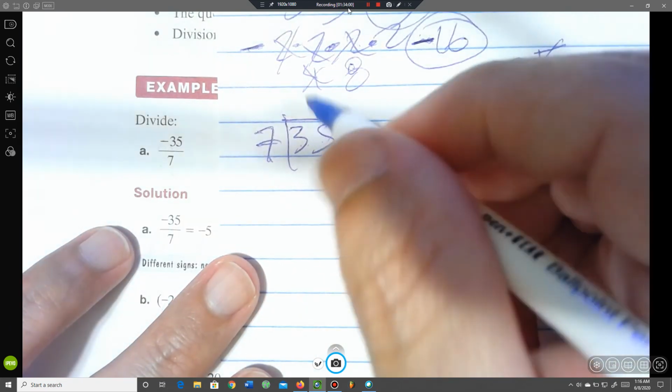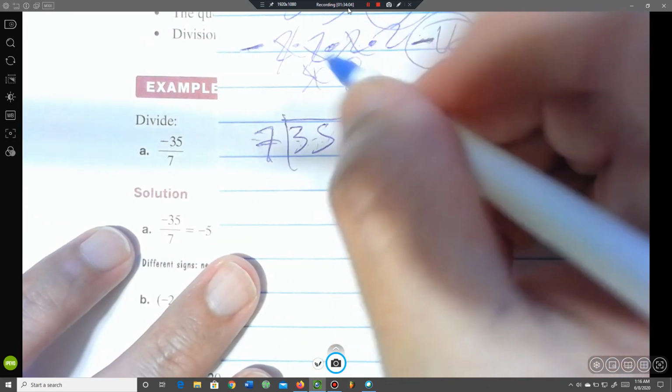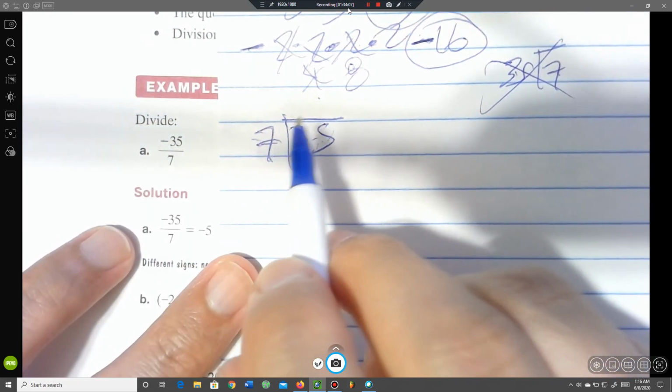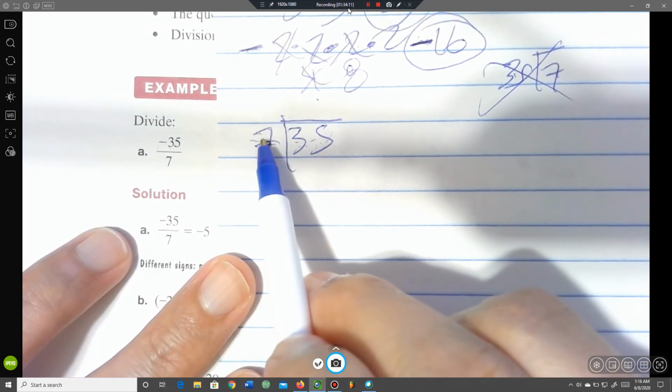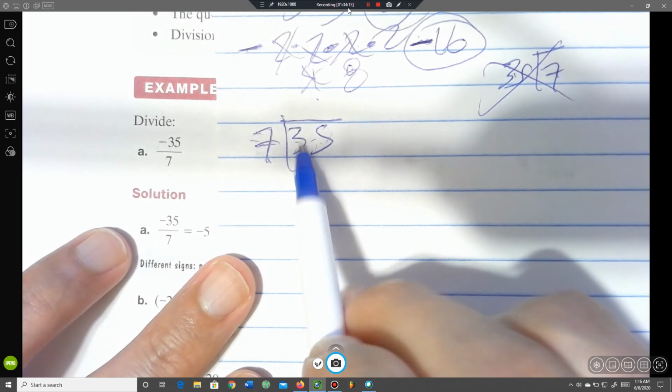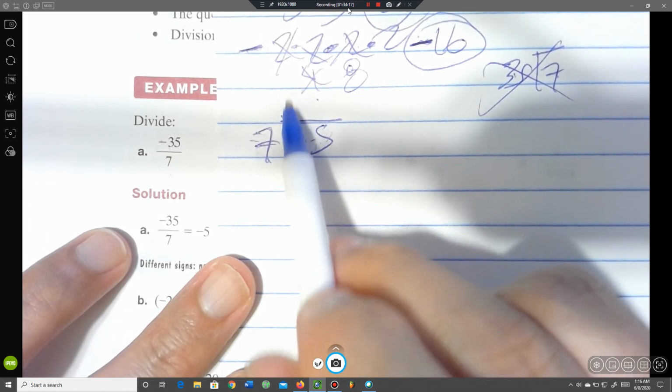All right, so 35 divided by 7. The way I like to start is by asking myself, does 7 go into 3, the first digit? If it doesn't, don't write anything up here, okay?